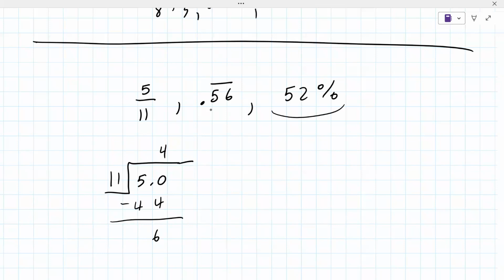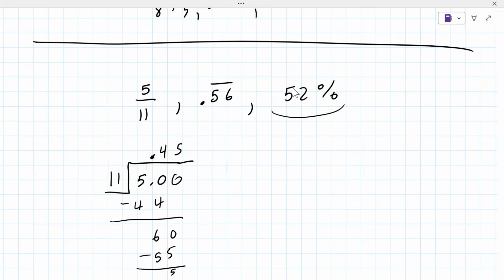So 0.45 repeating? So how many times does it go into 60 is 5, and then that's 55. Well, like I said, you only need to go to 2 decimal places, because you now have 5/11 is about 0.45, 0.56 repeating, and then 52%.